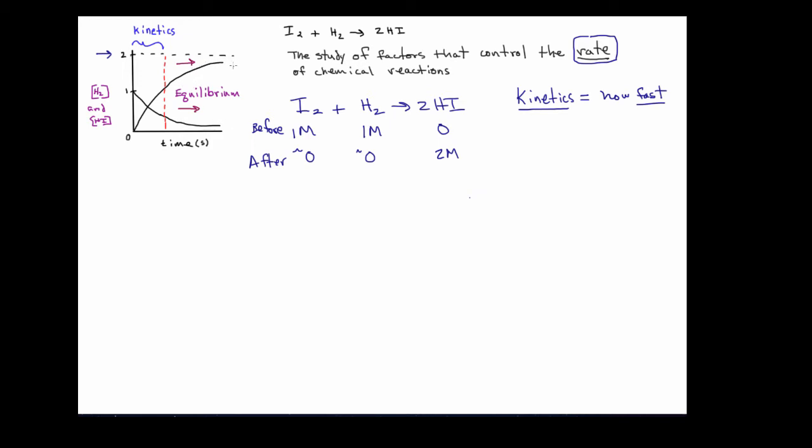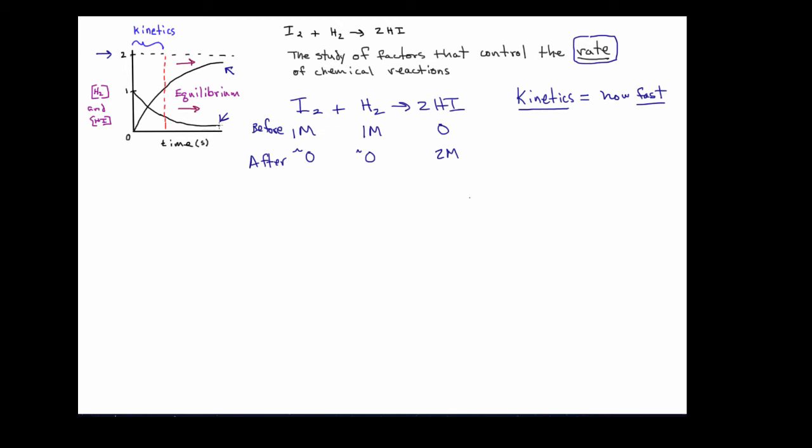So in other words, up here in this region of the HI, there is now no net change in the concentration of that product. And if you look closely at the line that depicts the I2 and the H2, there's no net change of either of the reactants at this point.